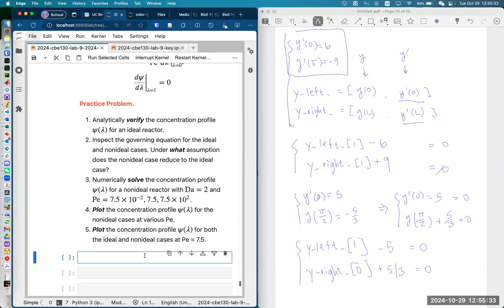So is there a left boundary function? Right, this is the left.